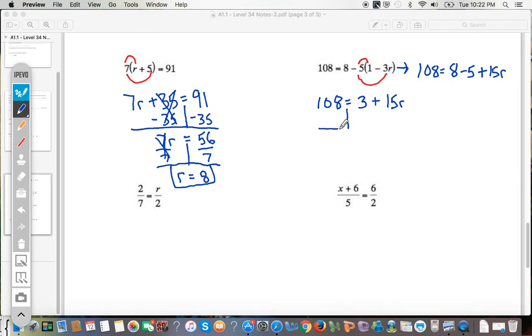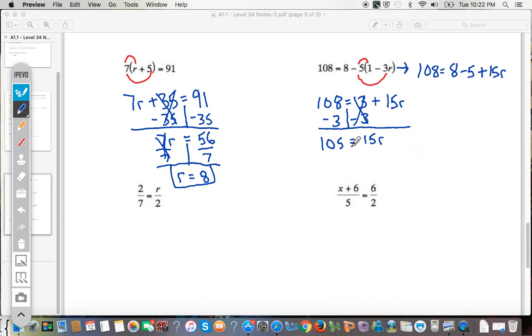So I just combine the 8 and the negative 5. So I'll draw my t-chart. Subtract 3 on this side, subtract 3 on this side. 3 minus 3 cancels. So I have 15r on one side. And 108 minus 3, which of course is 105 on this side.